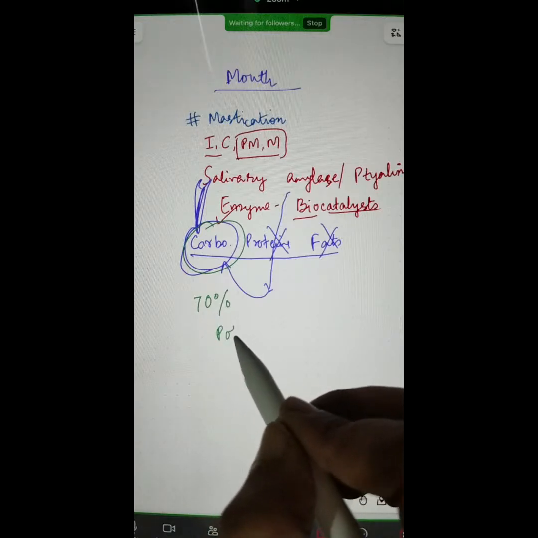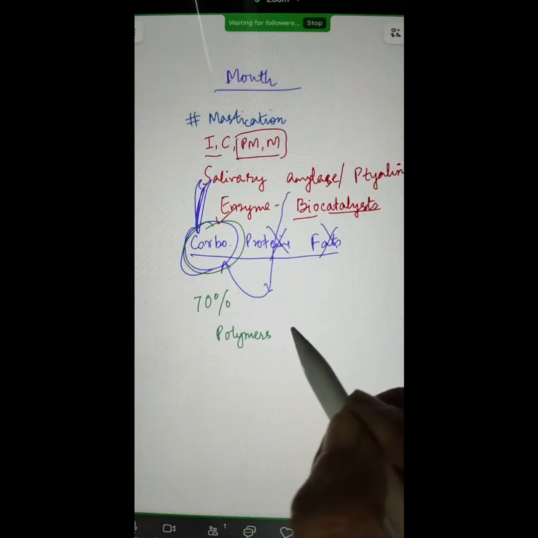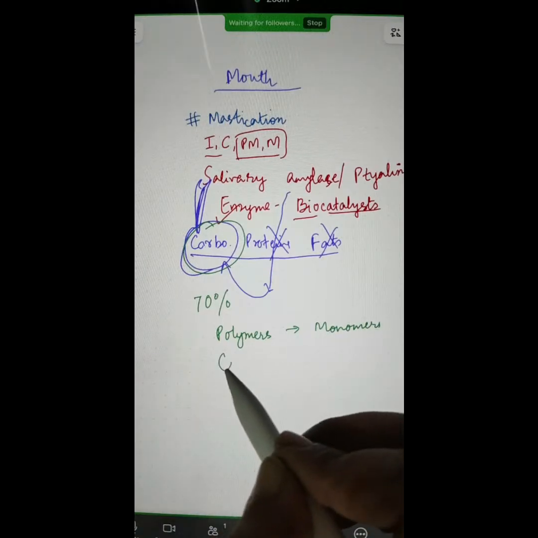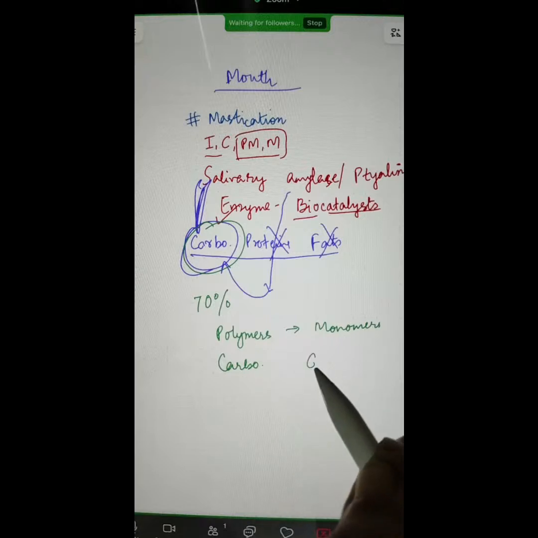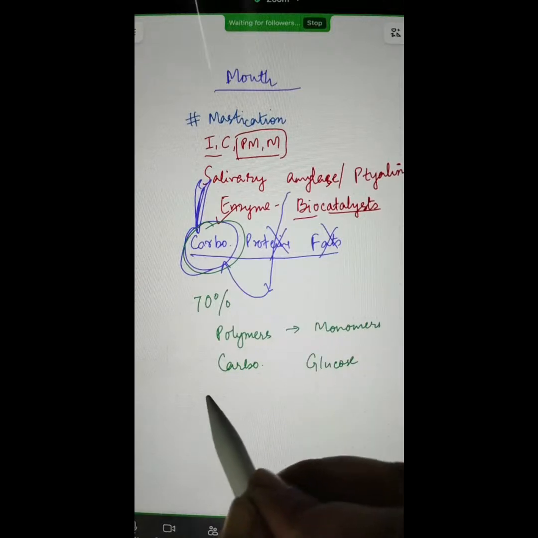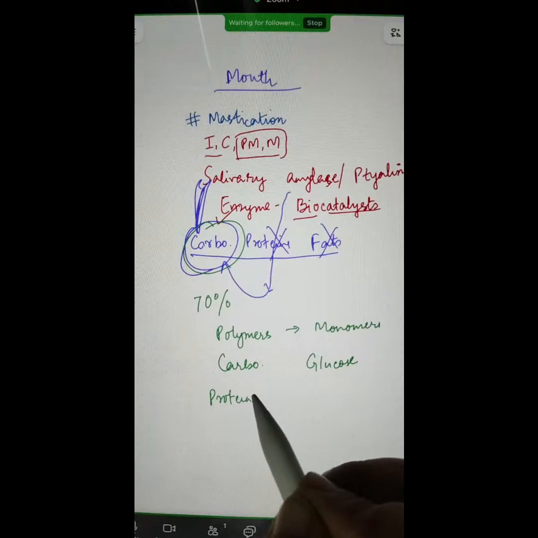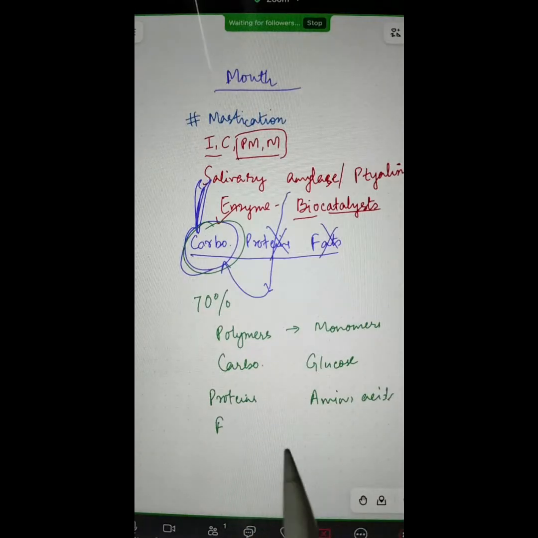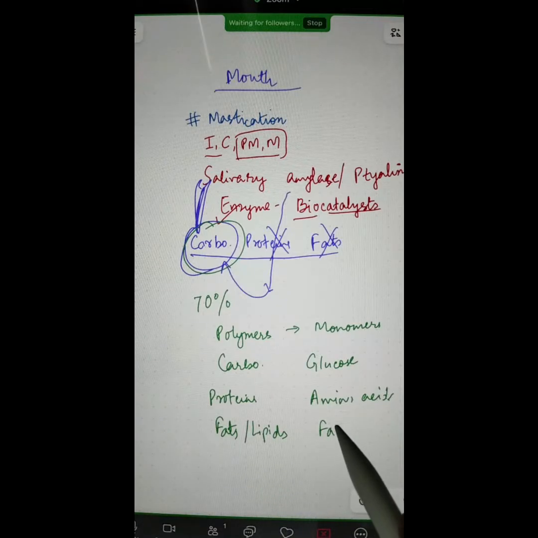The main role of digestion is to convert the polymers into monomers. So carbohydrates will be converted into glucose. Proteins will be converted into amino acids, right? Fats or lipids will be converted into fatty acids and glycerol, right?